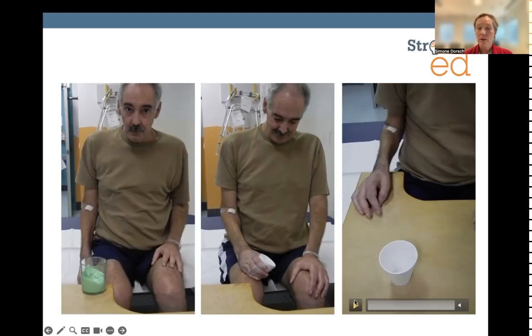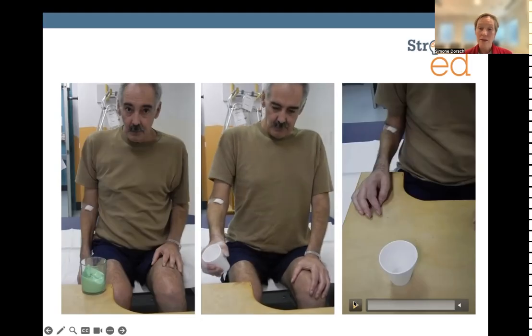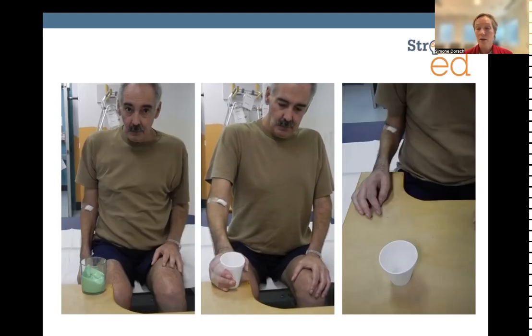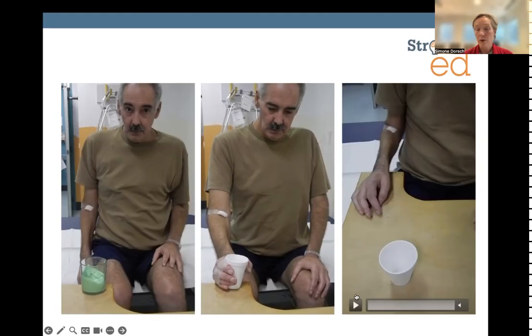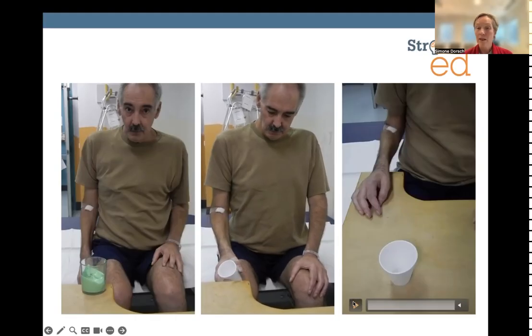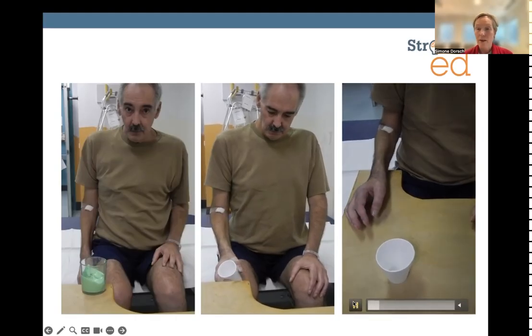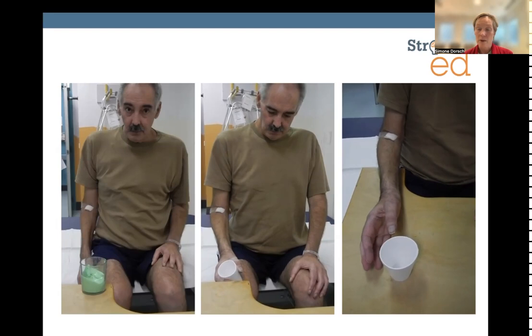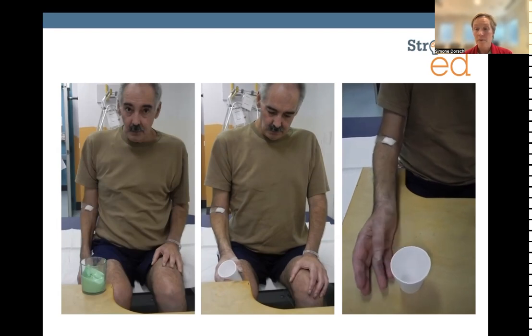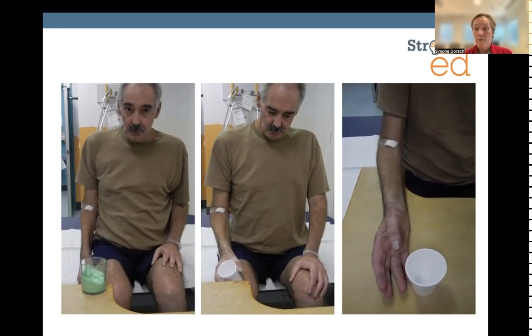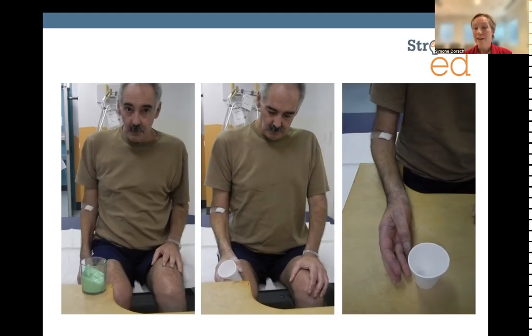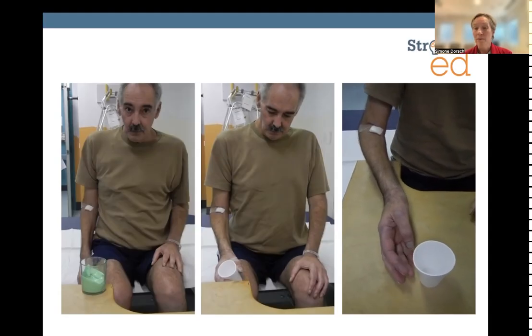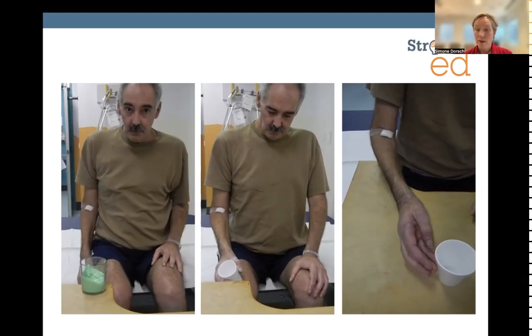If we now have a look at the next video, the transport component has been taken out, and he's practicing pre-shaping and grasp of the cup. But you can see here that he's lacking thumb abduction as well as MCP extension and wrist extension.